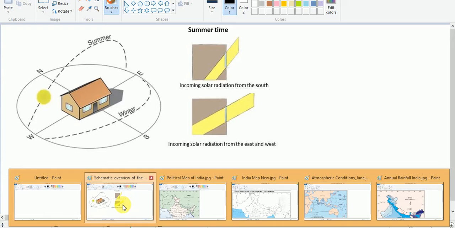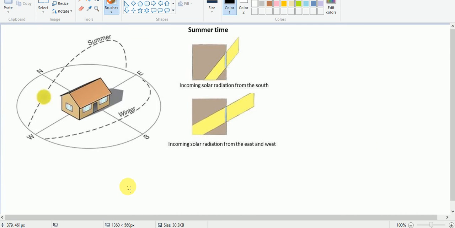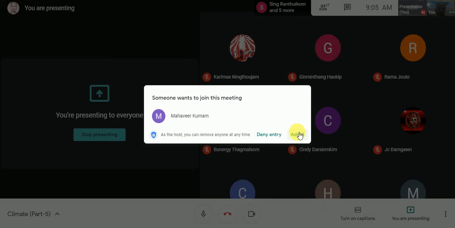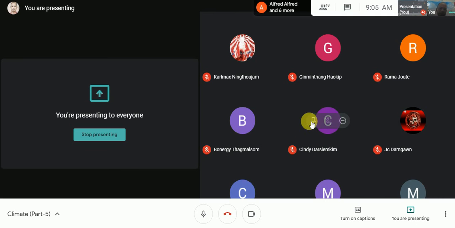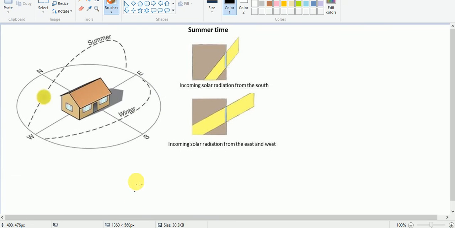So now let us see this diagram. You may be observing that when the winter season sets in, the sun is going to the south.